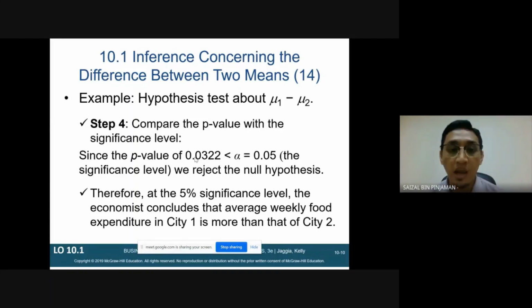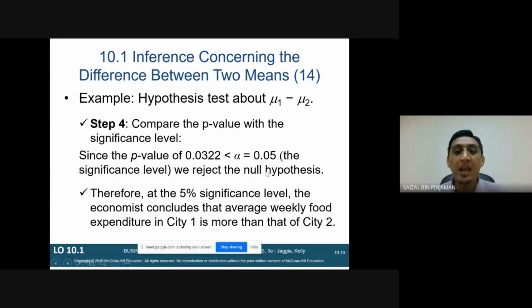We do not reject the null hypothesis when p-value is equal to, if not larger than, the significance level. So therefore, since we reject the null hypothesis, at the 5% significance level we can simply conclude that the average weekly food expenditure in City 1 is more than that of City 2.